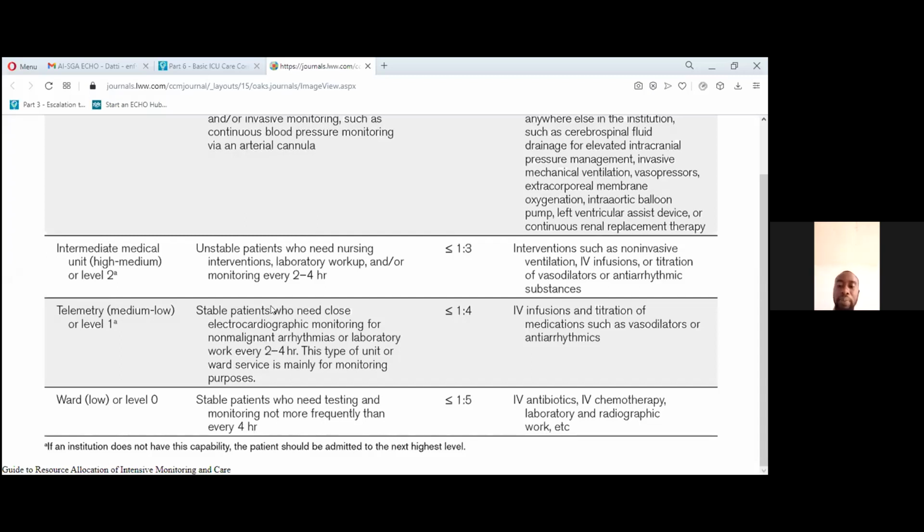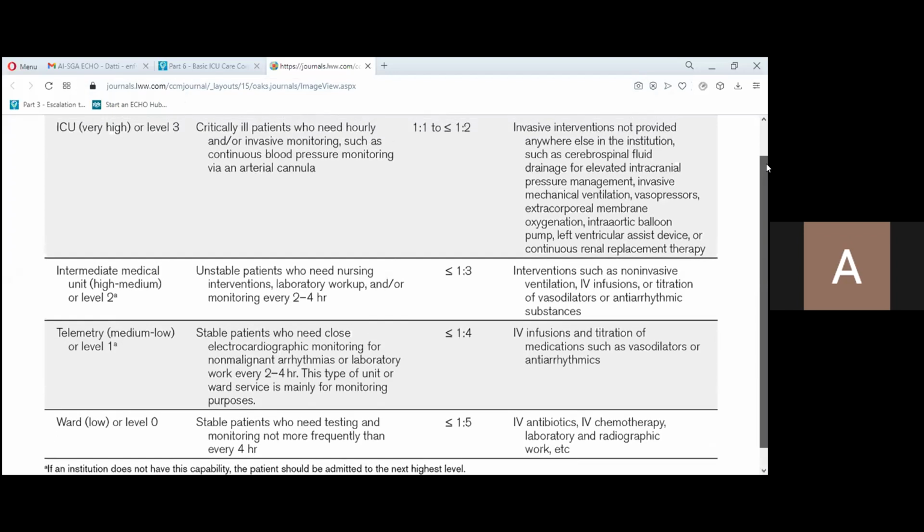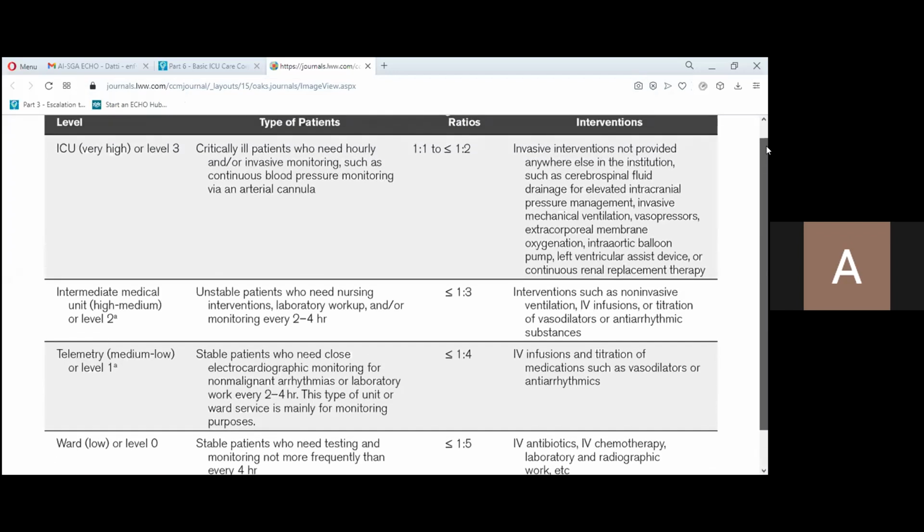Thank you very much, Hassan. Let me still emphasize on this resource that you have shown on the screen. You can see whatever patient you have will be managed in any of these categories of care, from the ward to the level 3 ICU.